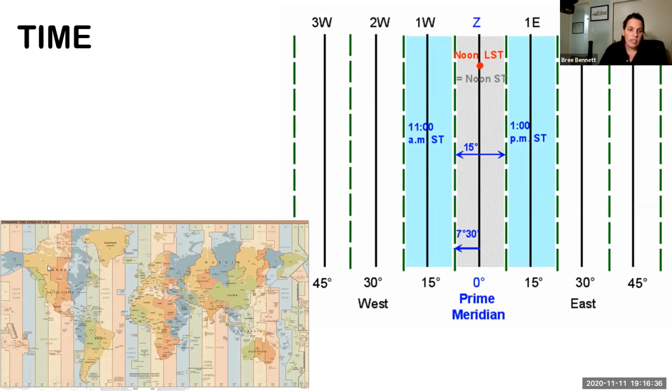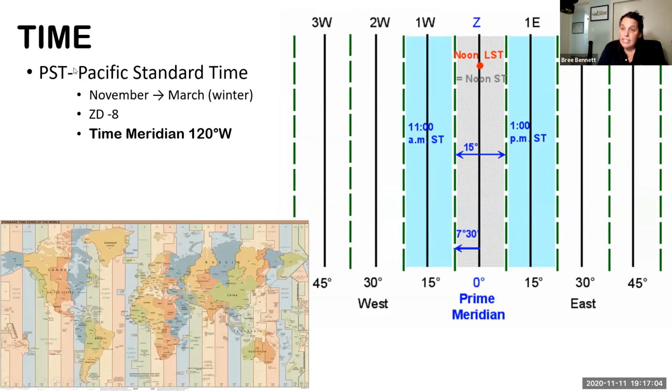You can find a little color-coordinated chart, like the one on the bottom here, that helps you see how it changes every 15 degrees. A lot of times, the lines will bend by country or state to keep everyone in that area on the same time zone. On the West Coast, we have Pacific Standard Time.